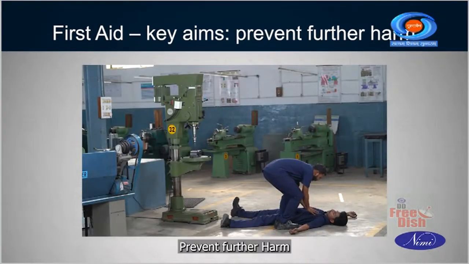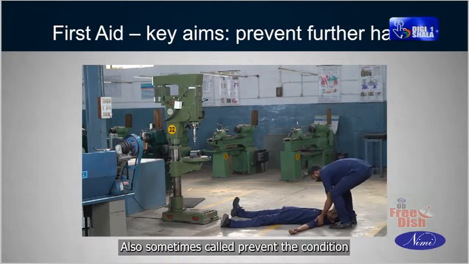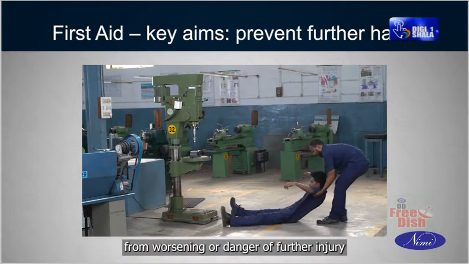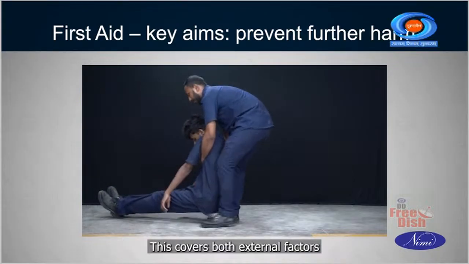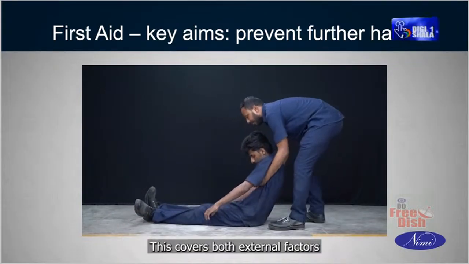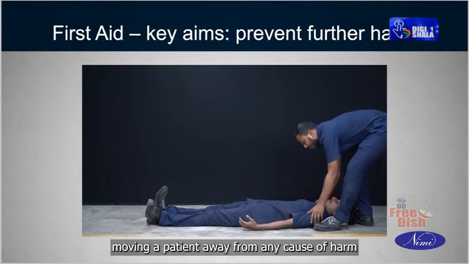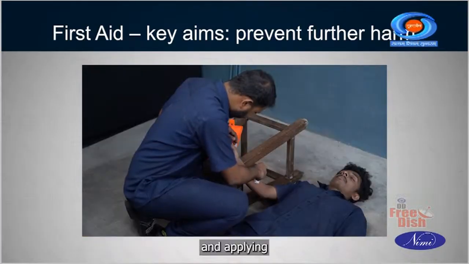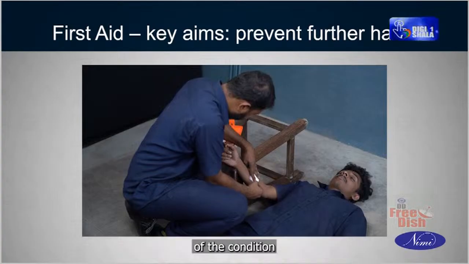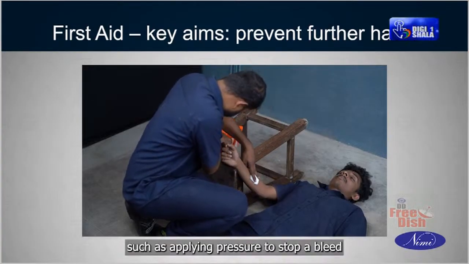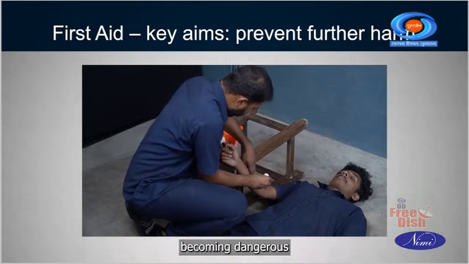Prevent further harm. Also sometimes called preventing the condition from worsening or danger of further injury, this covers both external factors such as moving a patient away from any cause of harm, and applying first aid techniques to prevent worsening of the condition, such as applying pressure to stop a bleed becoming dangerous.